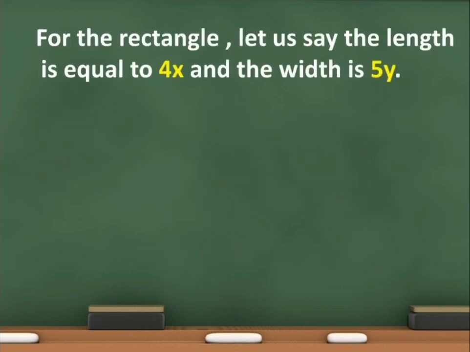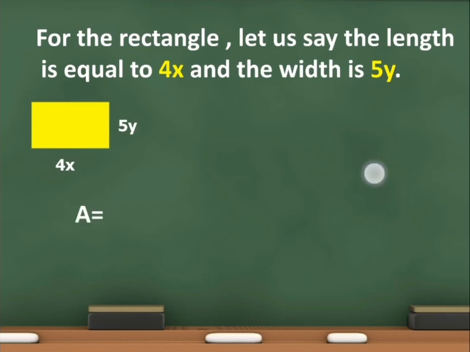Next, for the rectangle, let us say the length is equal to 4x and the width is 5y. So area is equal to 4x times 5y. So 4 times 5 is equal to 20, and x times y is equal to xy. So 4x times 5y is 20xy.